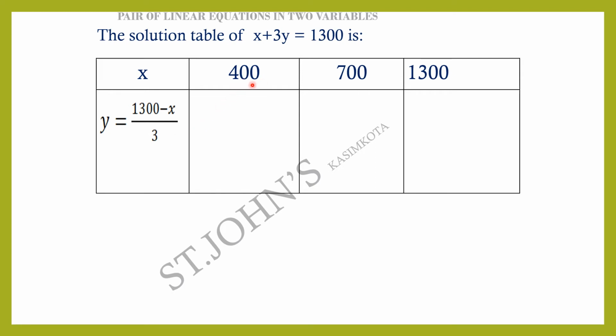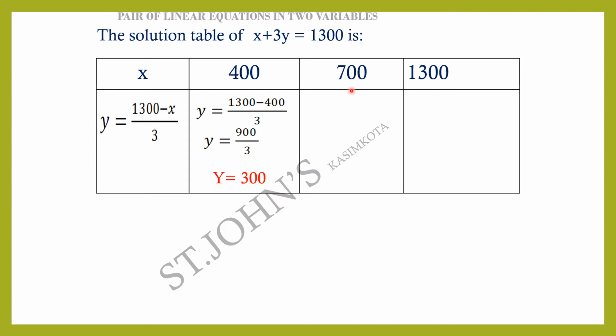What is the value of x? x equals 400. So substitute 400 in x's place. y equals 1300 minus 400 by 3. 1300 minus 400 we get 900. Now y equals 900 by 3, three threes are nine, so y equals 300. x value 400, then y is 300.